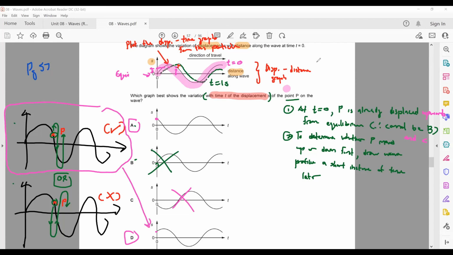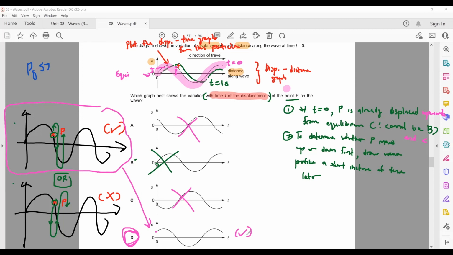So your answer is actually going to be D. It cannot be A because you see it's going down and then going up. This one you see is going up and then going down, going up again. All right. So it's not A, it's not B, it's not C. The answer is actually D. Okay.